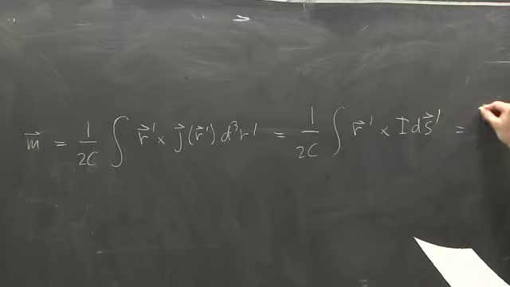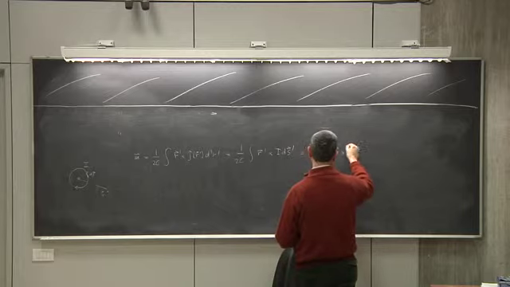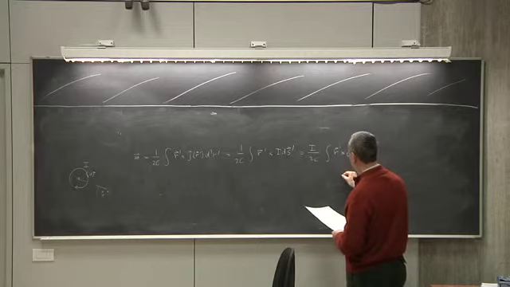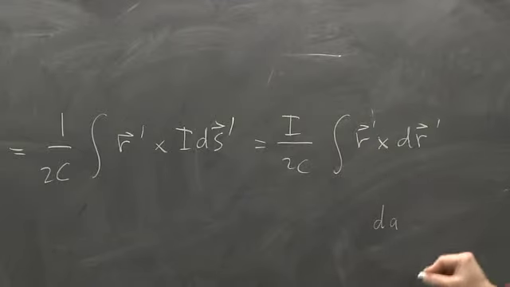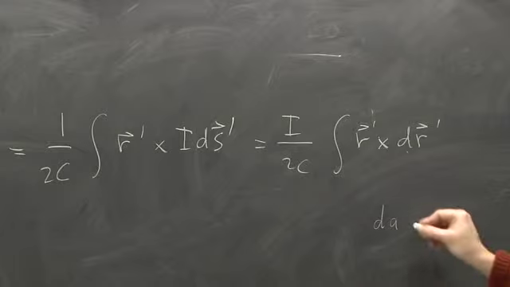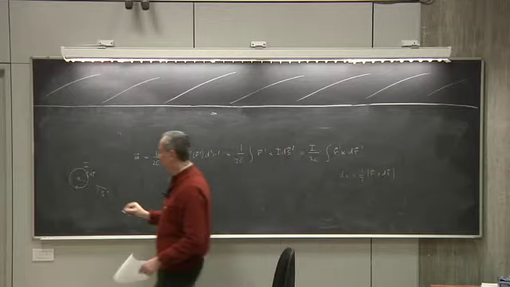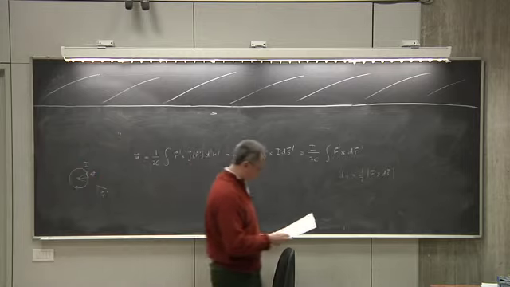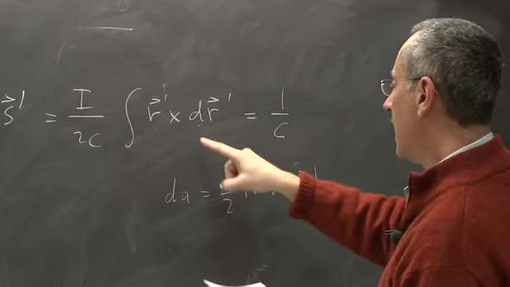So I can pull out I over 2c, and I'm left with this integral r cross dr. But if you remember Kepler's law, the area spanned by the areal element is just 1/2 r cross ds. So you can write this integral as 1 over c, then 1/2 r cross dr is dA.